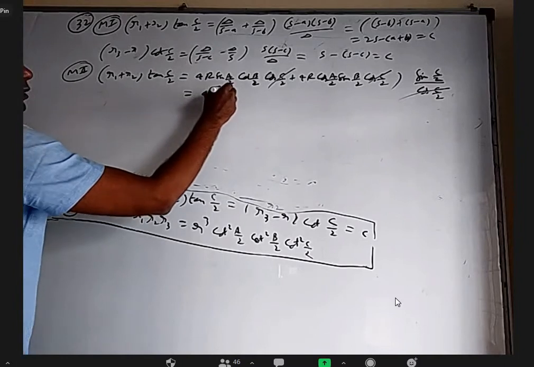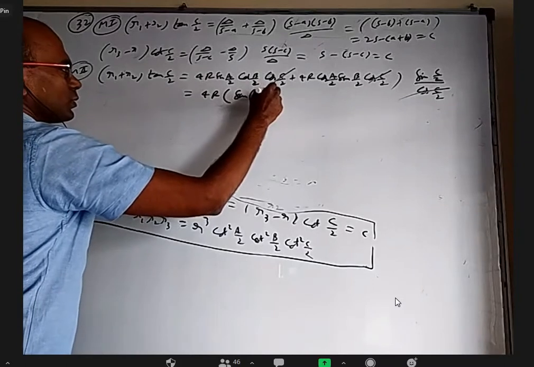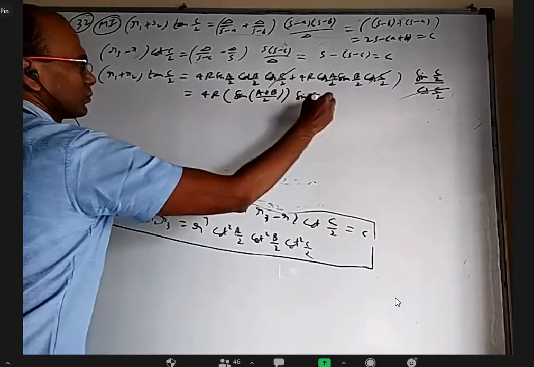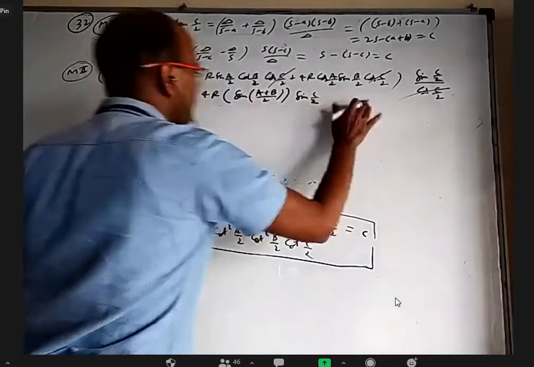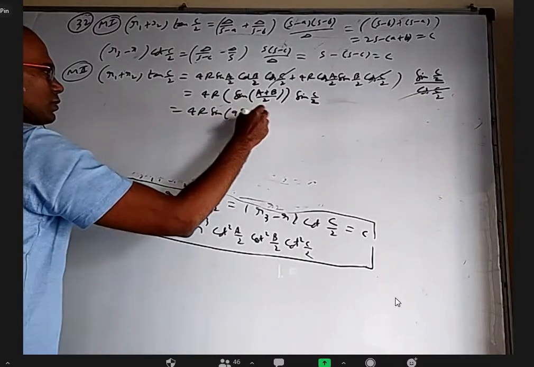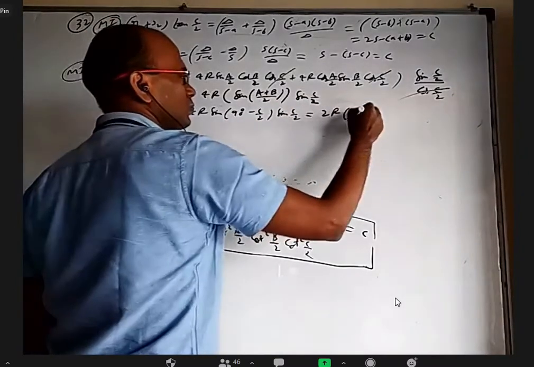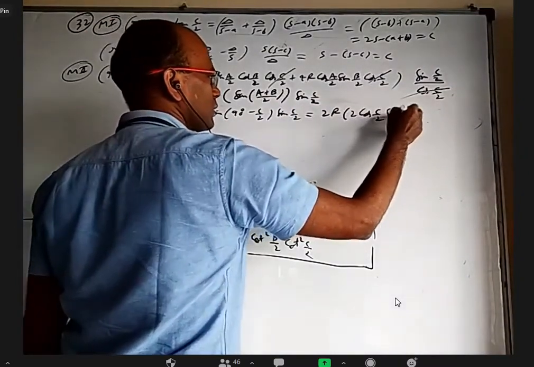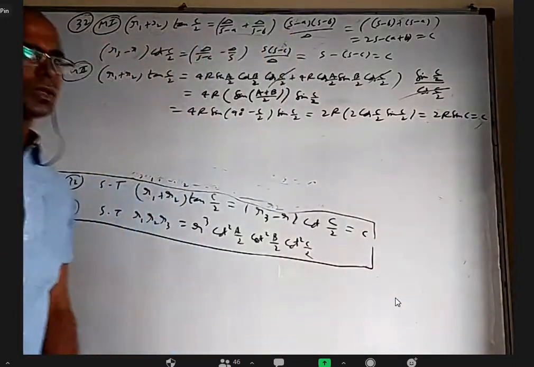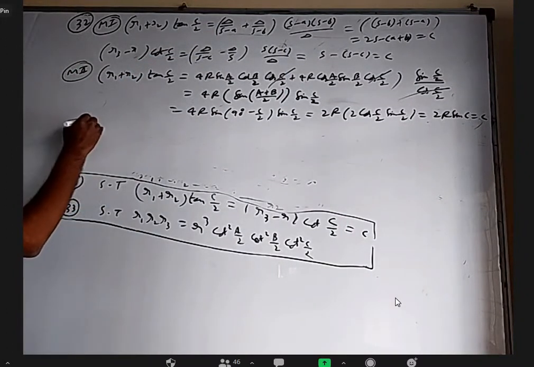For capital R common, sin A by 2 cos B by 2 plus cos A by 2 sin B by 2 is sin of A plus B by 2 into sin C by 2. This is 4R sin of 90 minus C by 2 sin C by 2. This is cos C by 2. 2R into 2 cos C by 2 sin C by 2 is sin C. 2R sin C, small c. That may be a little easier, but if you want to do it like this also, you can do it if you want.